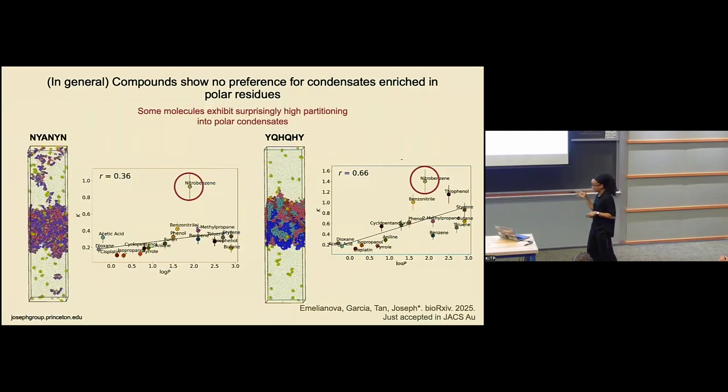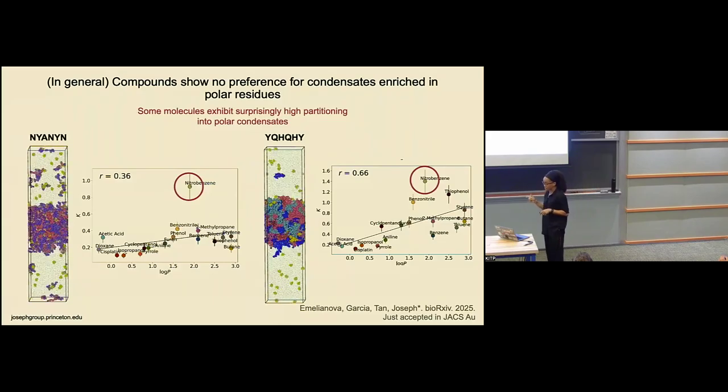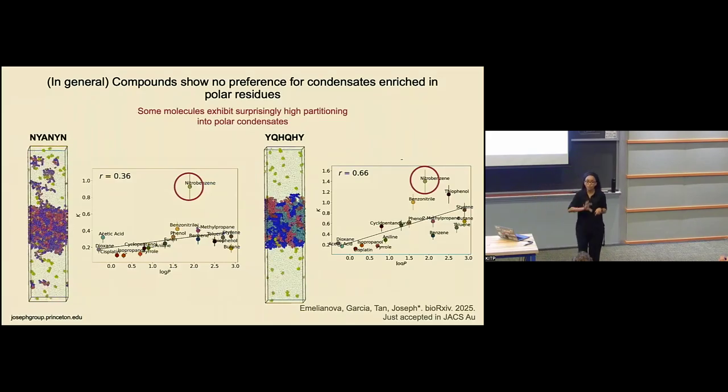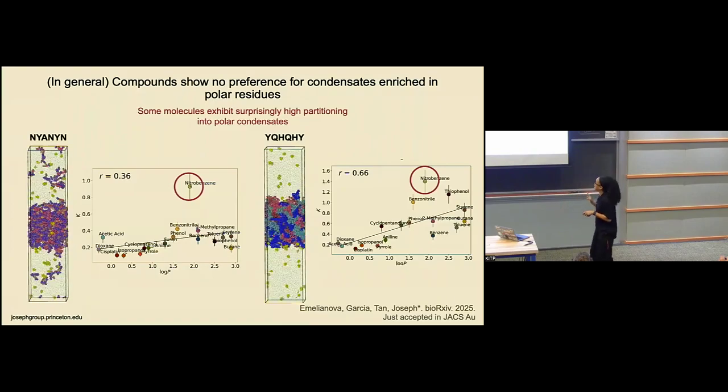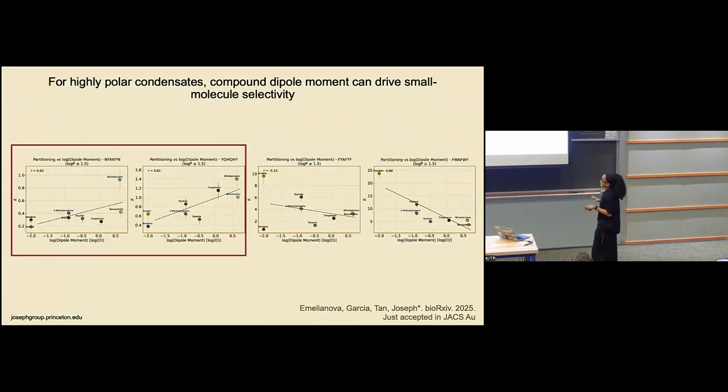And thanks to some good feedback that we got from the reviewers, we went back and we looked at this data again, and what we noticed is that for these compounds that exhibit selectivity into these polar enriched condensates, these compounds have a high dipole moment.